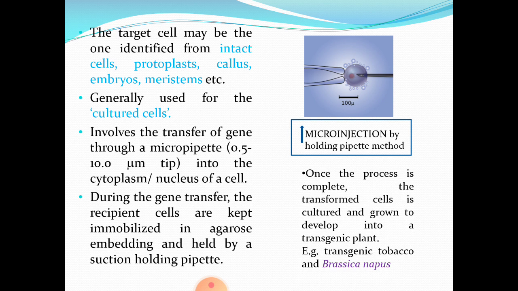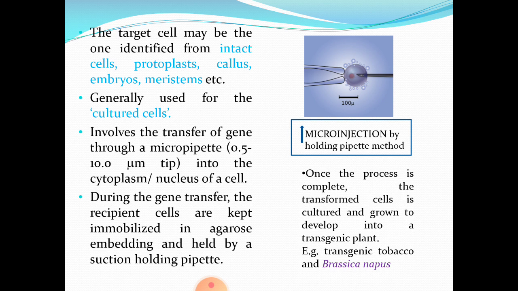Then with the micropipette, you will insert the DNA of your choice directly into the cytoplasm or nucleus of the cell. And once the process is complete, the transformed cell is cultured and grown to develop into a transgenic plant.